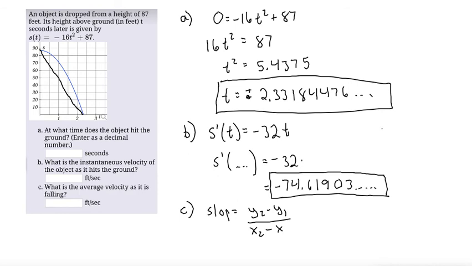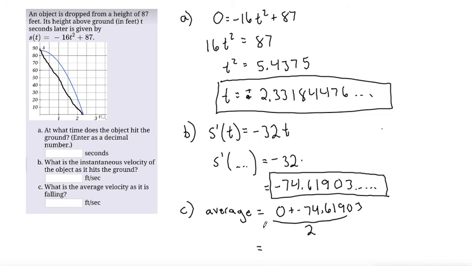So let me go back and do this as an average. We add up the two numbers and divide by 2. Our first number is 0, so it would just be 0 plus negative 74.61903, and then divide it by 2.